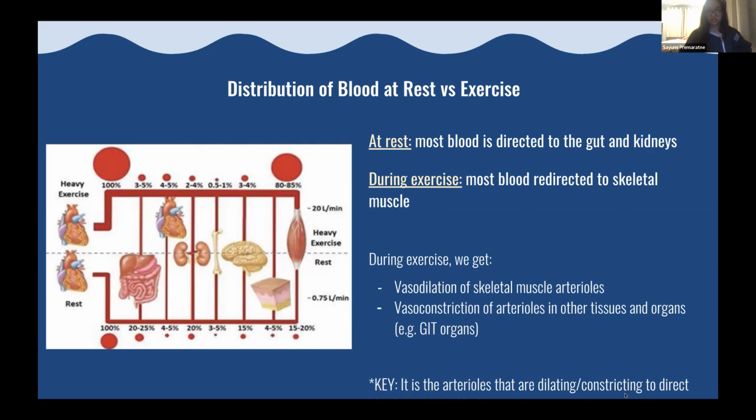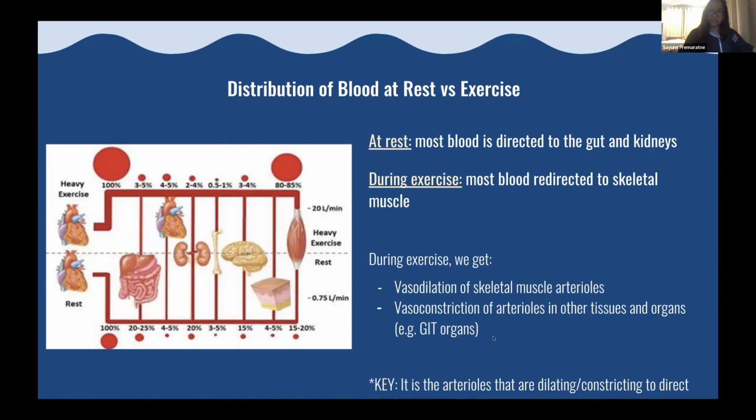I think this might have cut off down the bottom, but just importantly to note is that what's redirecting the blood flow is the arterioles dilating and constricting. So not the big arteries like your aorta and not the capillaries, but it's the arterioles, which are kind of the middle vessels.